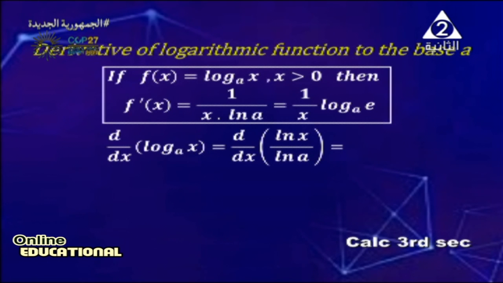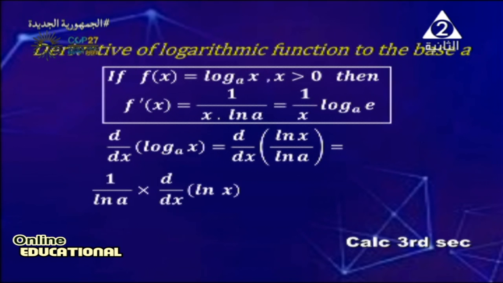Now, if we have log x to the base a equals ln x over ln a, then the derivative of log x to the base a with respect to the variable x equals the derivative of ln x over ln a with respect to x.